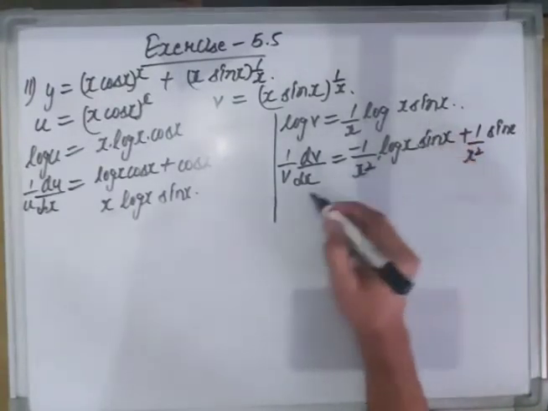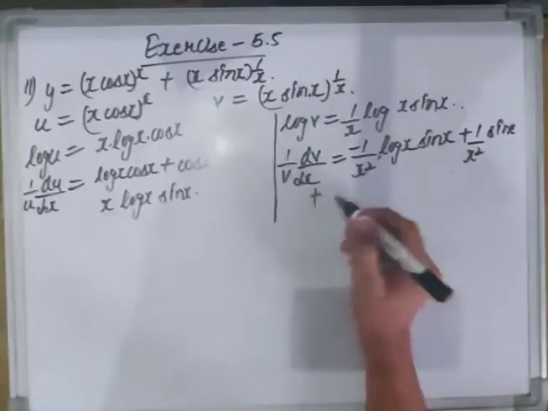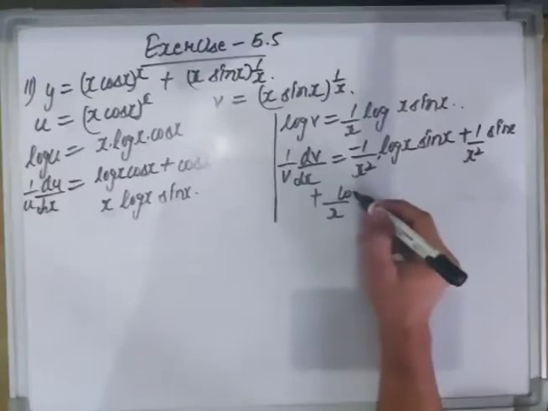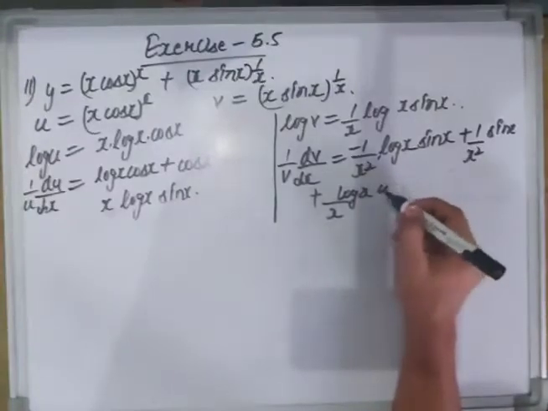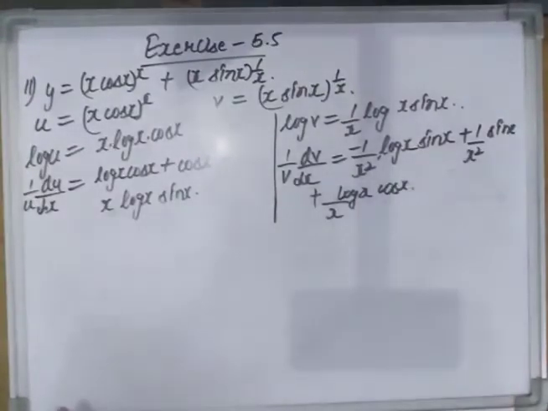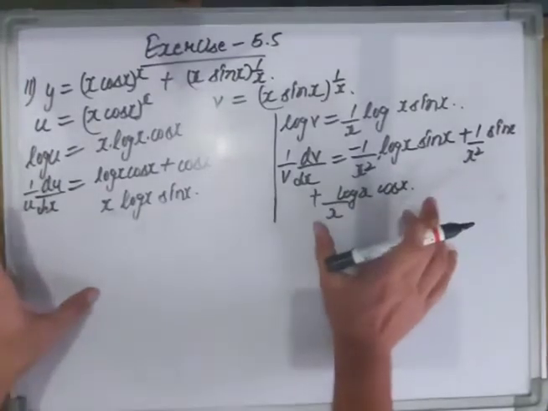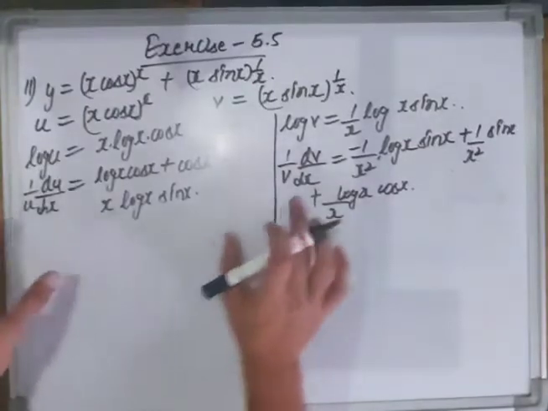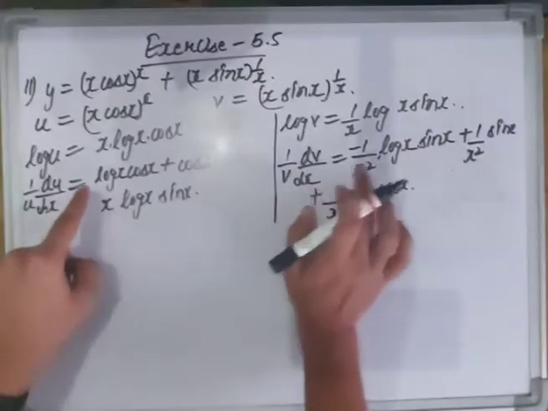And the derivative of sin x is cos x. I have got log x cos x. So this was the derivative of this, 1 upon x log x sin x. Now we need to take this v and u to the multiplication here.